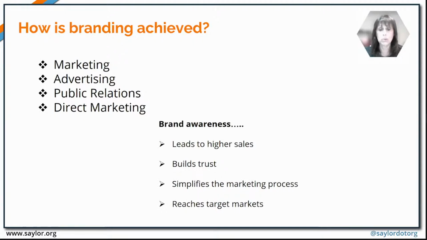You're able to build those relationships, and as such, you're reaching your target markets. And I think at this point you can see how all of these factors relate back to the things we talked about earlier about market segmentation, and that when you're putting all of this together, you're reaching the appropriate target markets in an effective way.